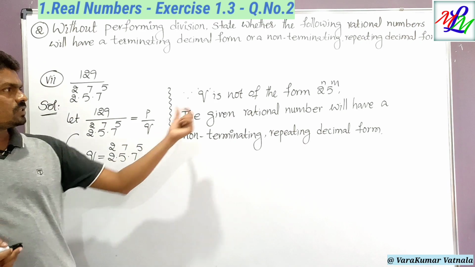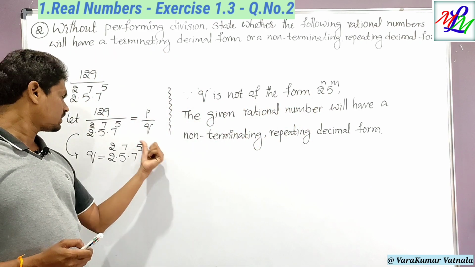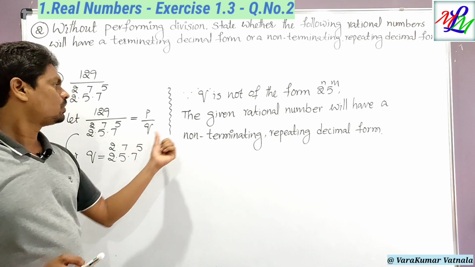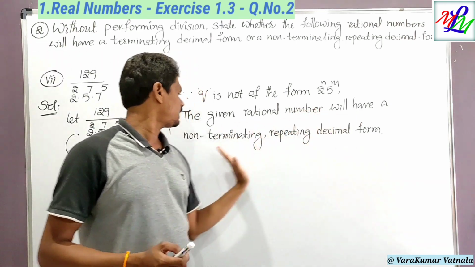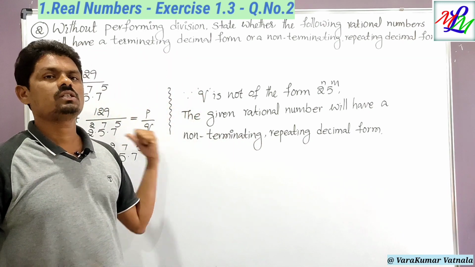Since q is not of the form 2 to the power n into 5 to the power m, there is 7 to the power 5 here. So the given rational number will have a non-terminating repeating decimal form. So this is a 7th bit, student.